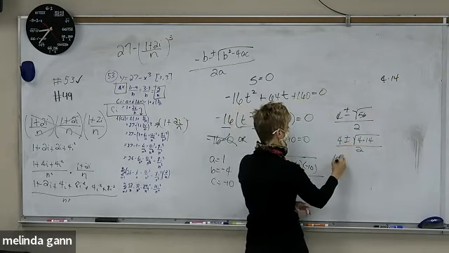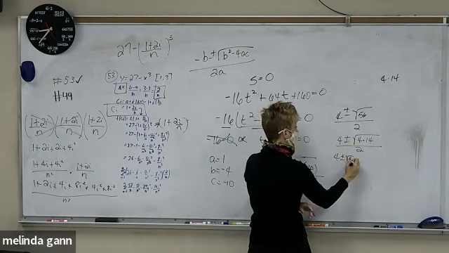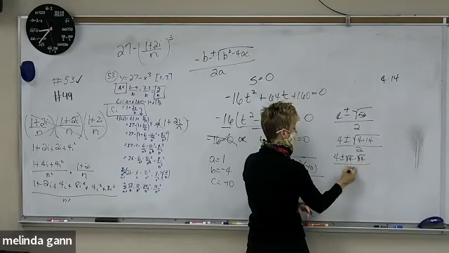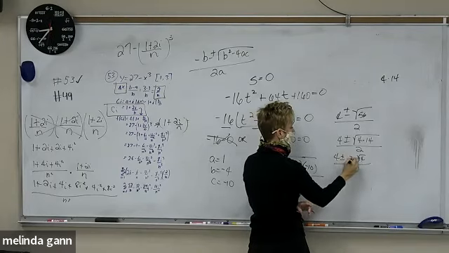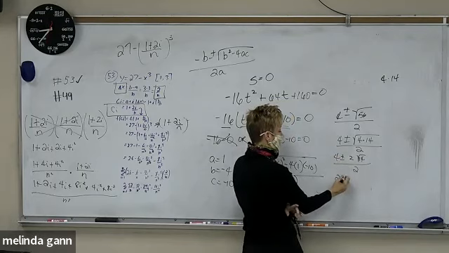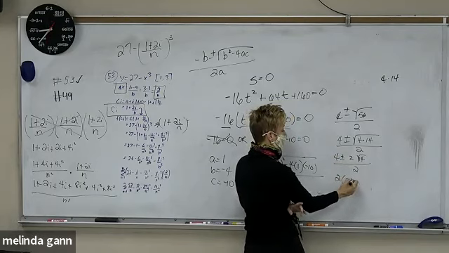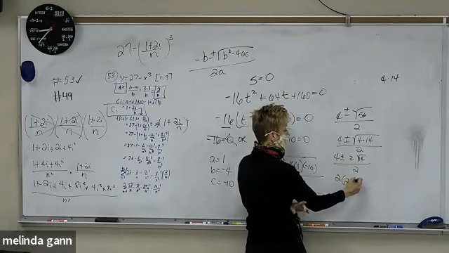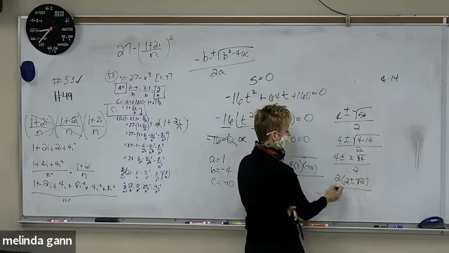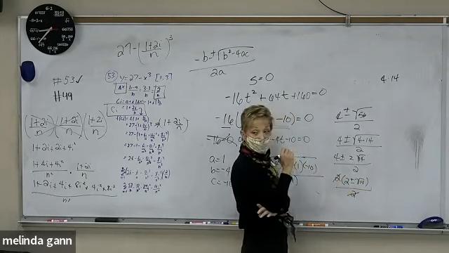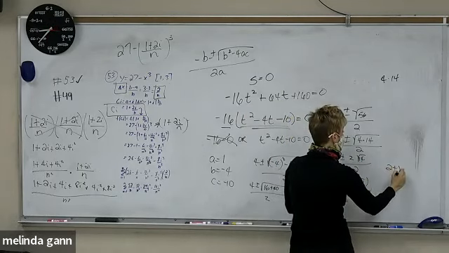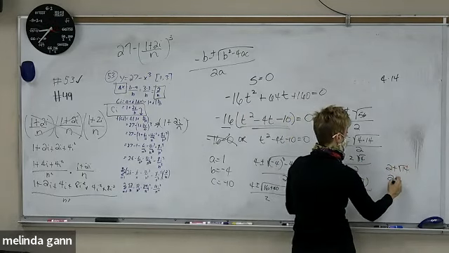Now I can break that up into the square root of 4 and the square root of 14. Well, what is the square root of 4? 2. Now I can factor a 2 out of the top. What's that gonna leave me? A 2 plus or minus the square root of 14 over 2. Well, those 2's divide out. So I've either got 2 plus the square root of 14, or I've got 2 minus the square root of 14.